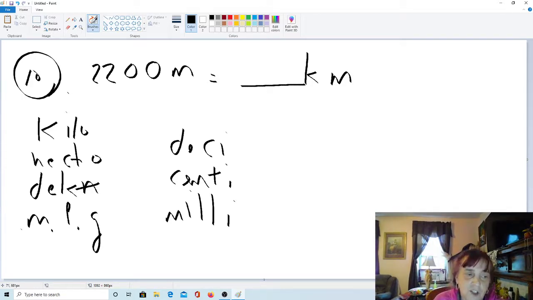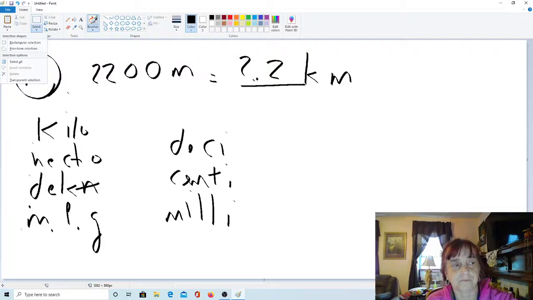Okay, from meters to kilometers, you go up 1, 2, 3 units. So again, you divide by 1,000, so it's 2.2 kilometers. Now, if you go down that chart, you multiply. For every unit you go down, you multiply. For every unit you go up, you divide.